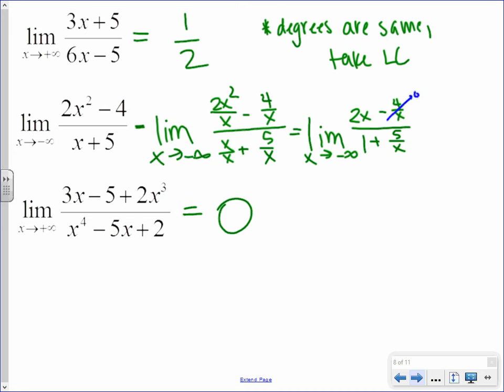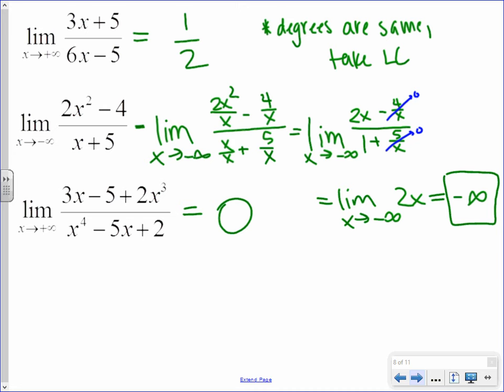What's happening to 5 over x? Okay. So what we are left with is the limit as x approaches negative infinity of 2x. What's happening to the left of 2x? Are we falling or rising? We are falling. It's a line with positive slope. The left is going to be falling. Okay? So when there's a slant asymptote, you're going to have to divide each term by that highest degree of the denominator. There's really no getting around it.